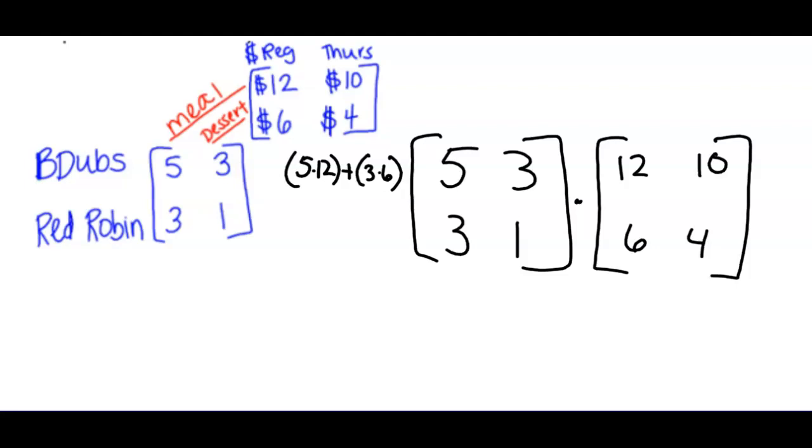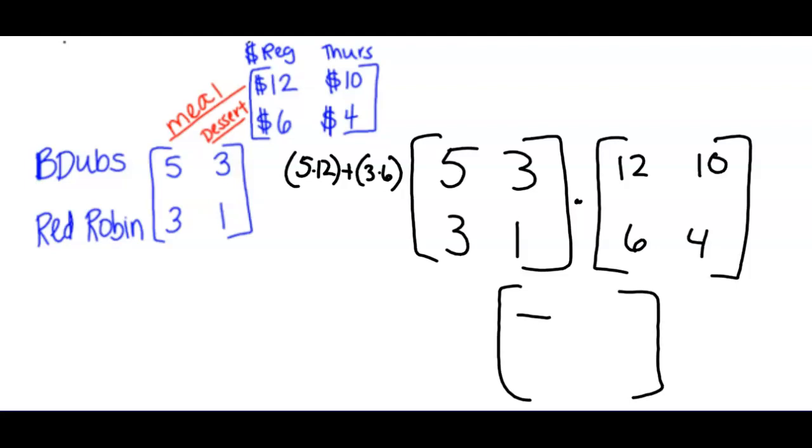I'd like you to find that answer. When you multiply this and then add this together, it goes in this first space. Because it's the first column times the first row. So that's where this space is, in the first column and in the first row.